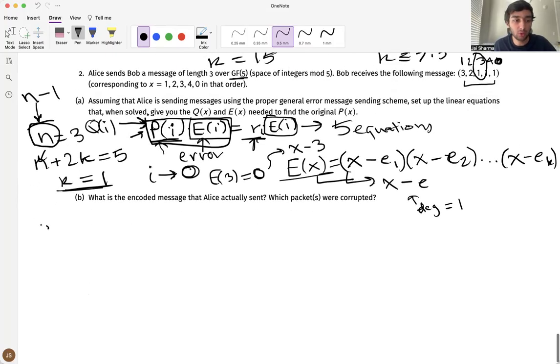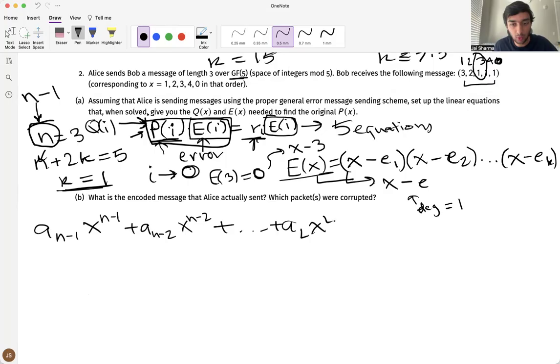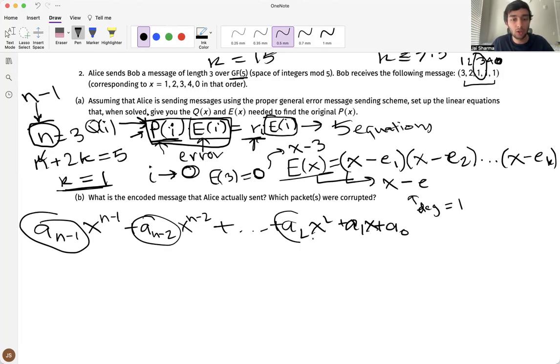Remember, an n minus 1 degree polynomial kind of looks like this: a_(n-1) x to the power of n minus 1, plus a_(n-2) x to the power of n minus 2, plus, all the way to a_2 x squared plus a_1 x to the power of 1, which is just x, plus a_0. And sorry for this being a little messy, but these are the coefficients for the polynomial, right? And these are the terms that we're going to be solving for.